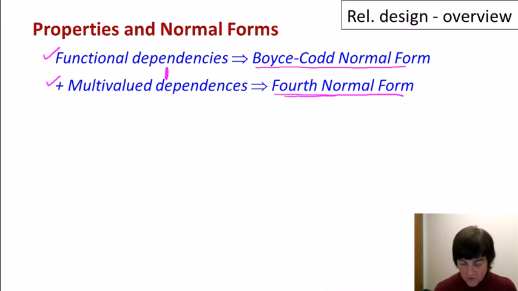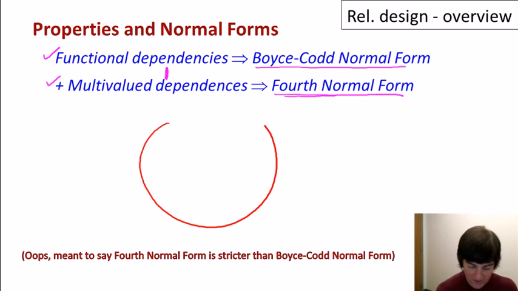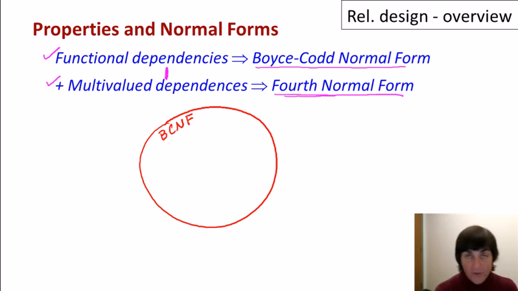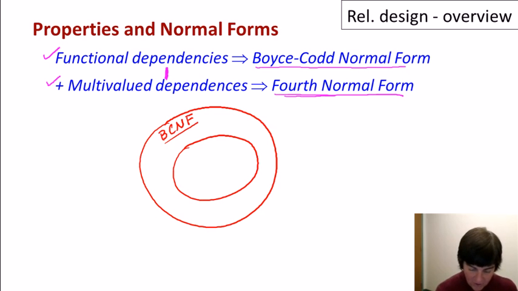Boyce-Codd normal form is stricter than fourth normal form. Specifically, if we make a big Venn diagram here of all the relational designs that satisfy Boyce-Codd normal form, which by the way is very often abbreviated BCNF, then that contains all of the relations that satisfy fourth normal form, normally abbreviated 4NF.